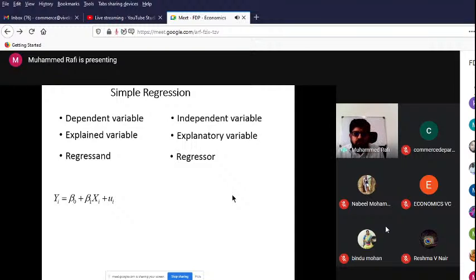Now, why do we include the error term in the regression or econometric model? There are different reasons why we include it. Because here we are talking about the relationship between two variables, the relationship between y and x.